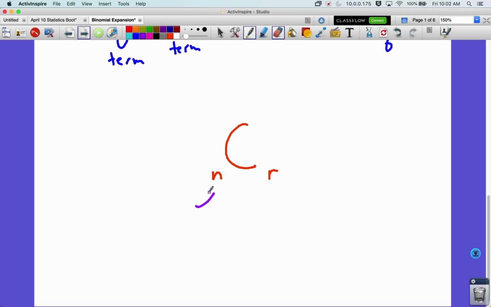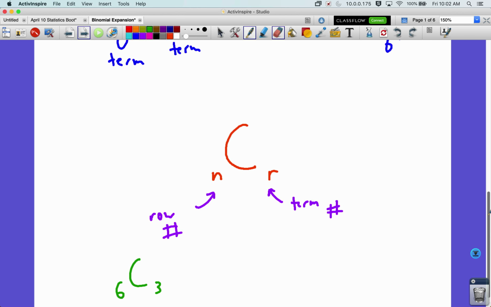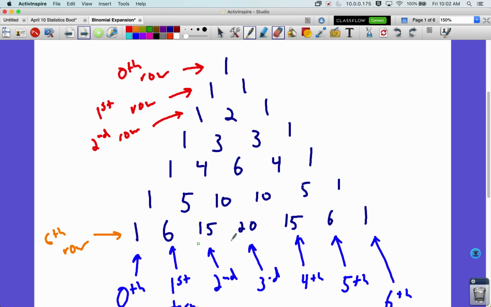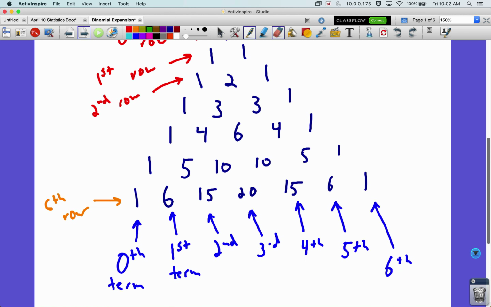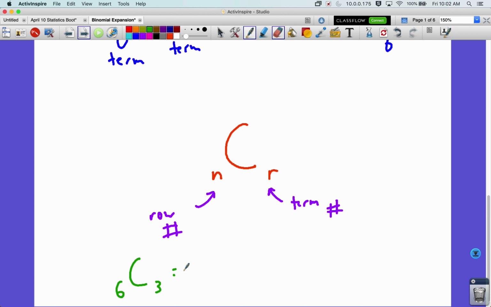This tells you the row number and term number. So if I want to find a spot in the triangle, I can just say I want to go to 6C3. That means go to the 6th row, the 3rd term, that's a 20. So 6C3 is a 20.